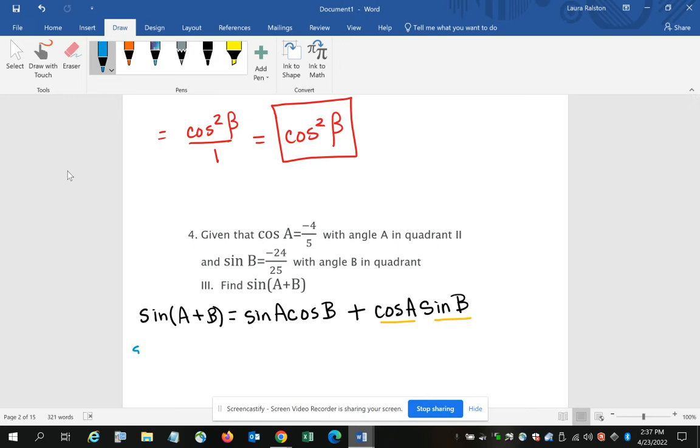In step 1, I need to find the sine of angle A.